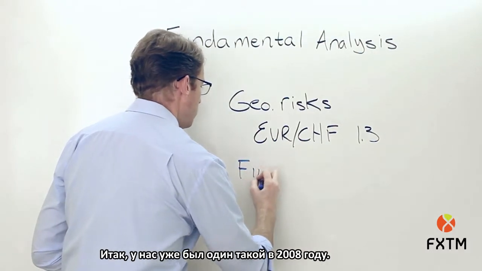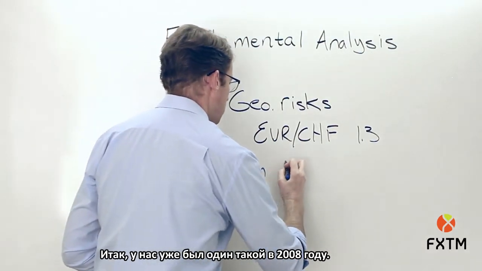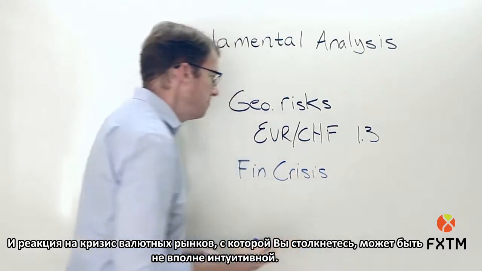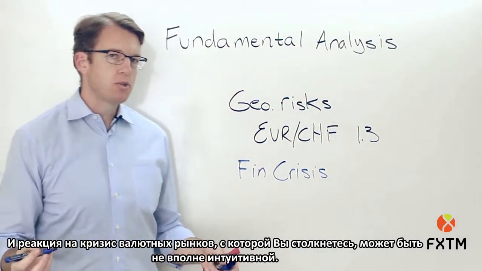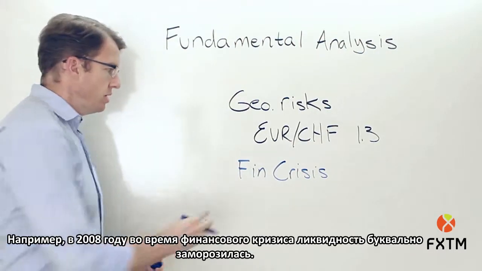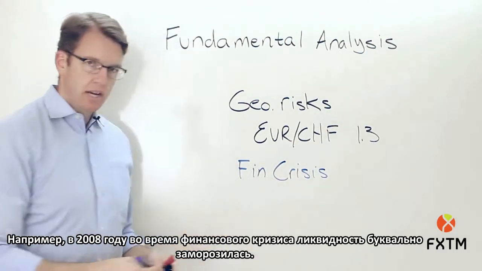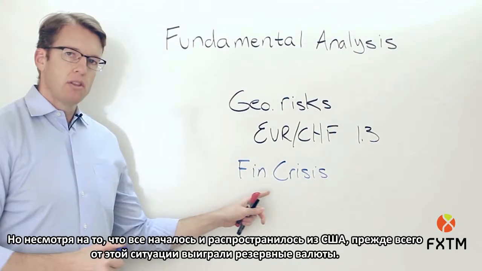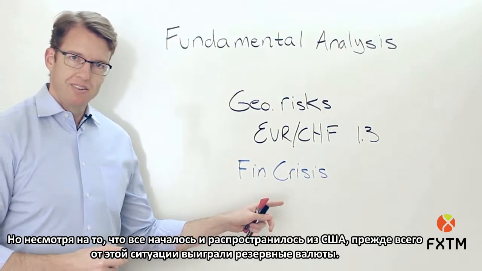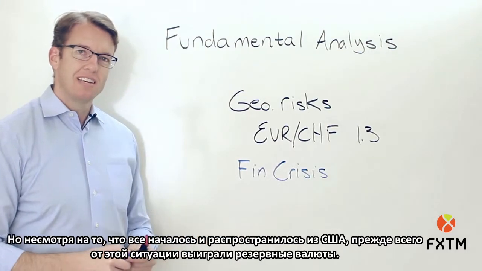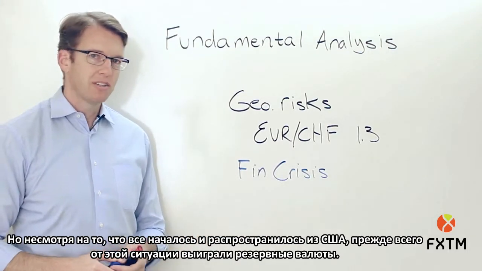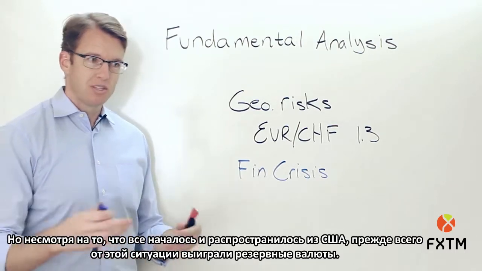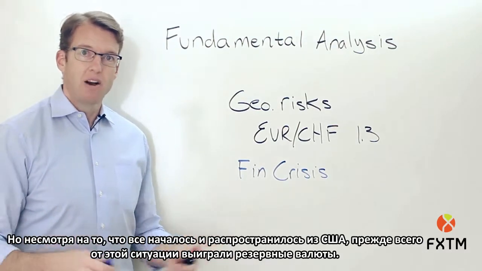So we had one of these in 2008, for example, and the response that you get in the Forex may be somewhat counterintuitive, actually. During extreme financial crises, so the liquidity freeze in 2008, for instance, even though that basically started and spread from the United States, the major reserve currencies again do tend to be the ones that benefit from that sort of risk environment.